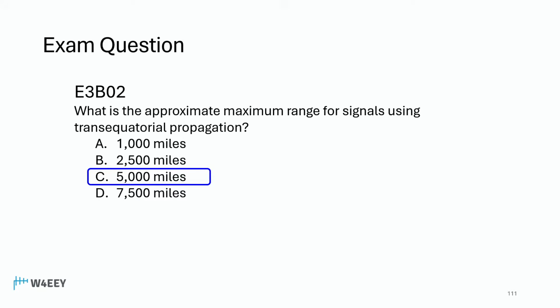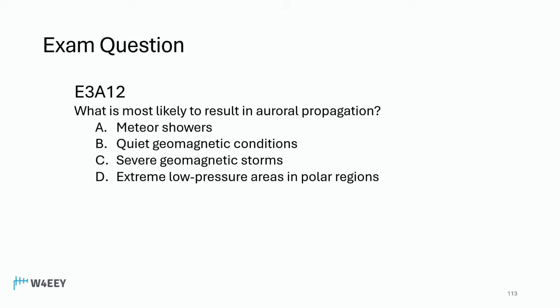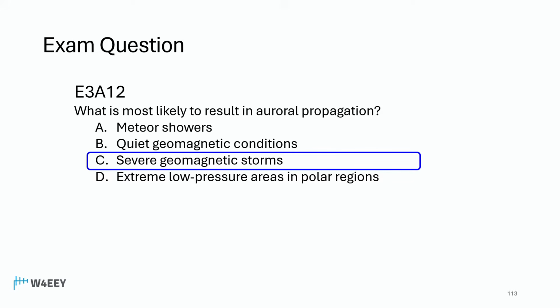Charlie, that's the 5,000 miles. What time of day is trans-equatorial propagation most likely to occur? Charlie. Afternoon or early evening. What is most likely to result in auroral propagation? Charlie, disturbed conditions, severe geomagnetic storms.